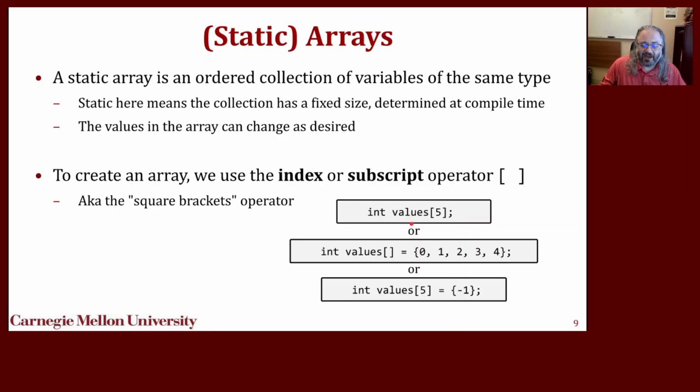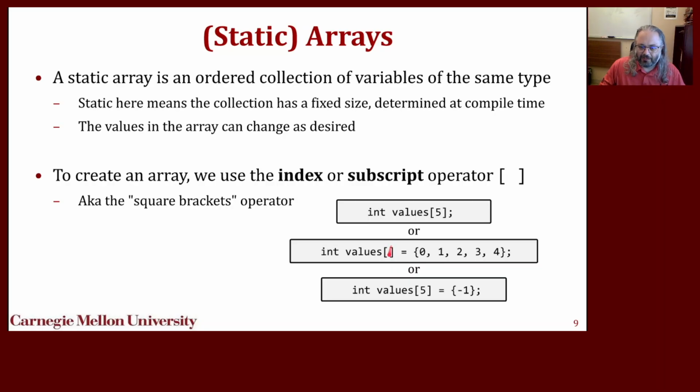If I want to assign initial numerical values to my list values, I can do that using the curly brace list notation, similar to how we defined an enum type. If I give a list of 5 values, I actually don't need to say that the array is of length 5.